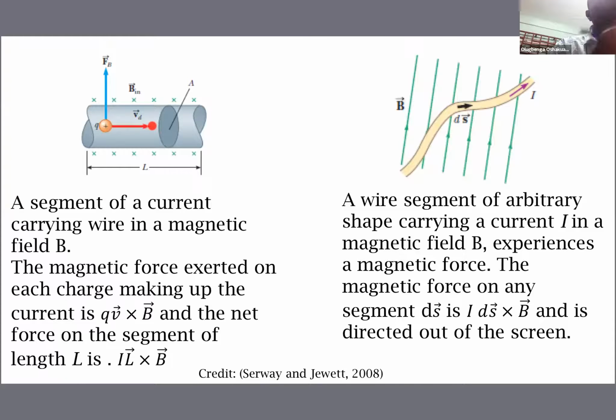Then the resulting magnetic force is F subscript B, which is also pointing in a direction that is perpendicular to both the direction of charge flow and also the direction of magnetic field.